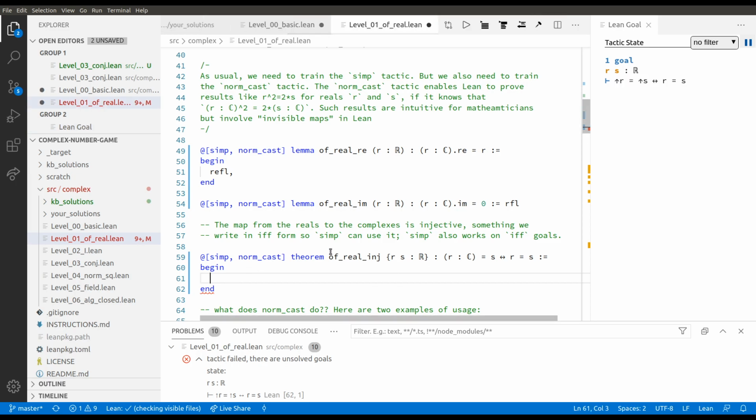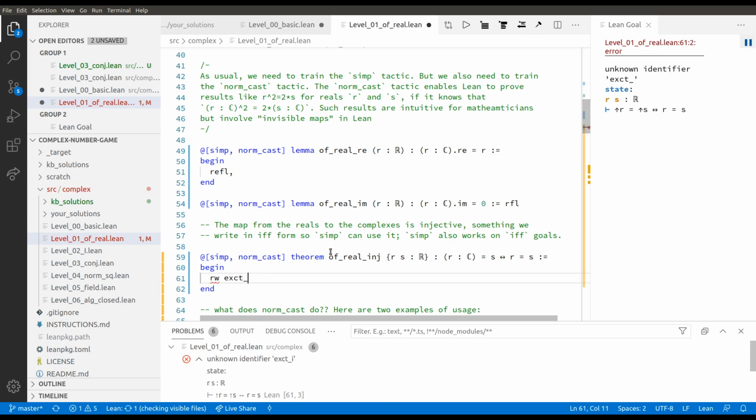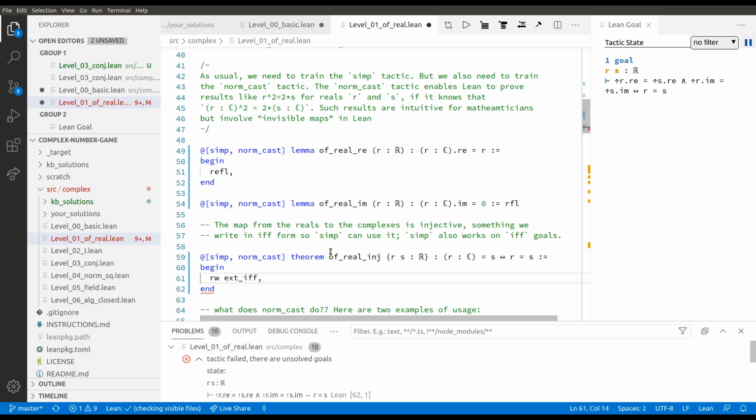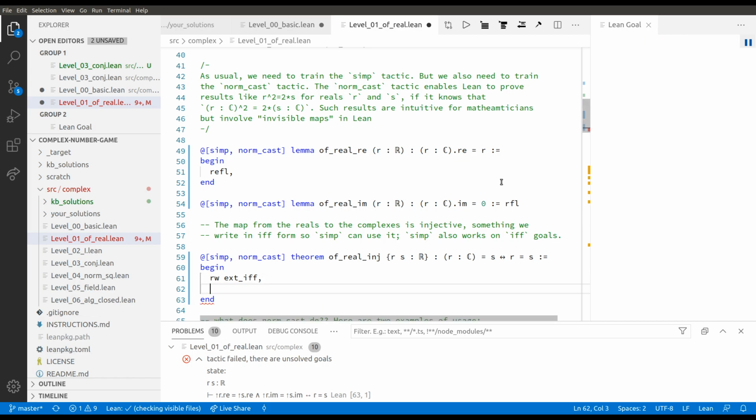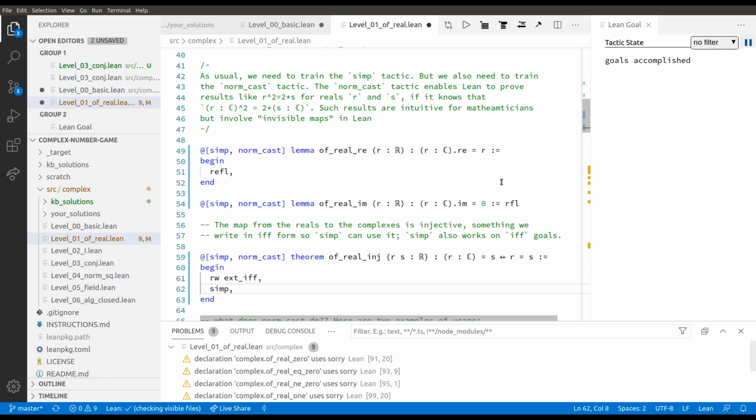So I suppose I could rewrite with xdiff there. And now you see we could simplify this, couldn't we? Let's try simplifying it. Yeah, there you go. So the proof is finished, right?